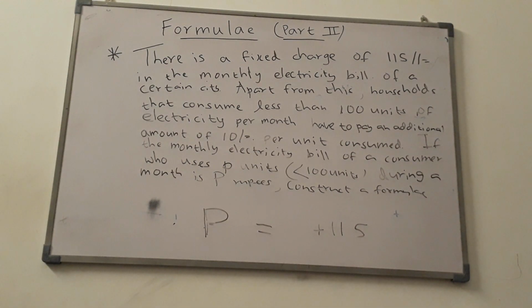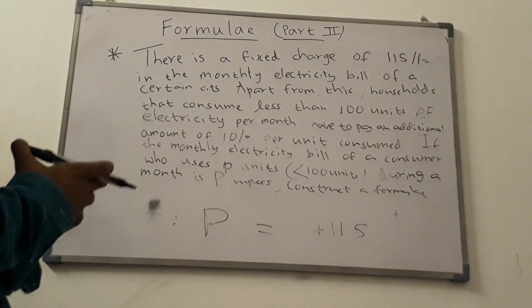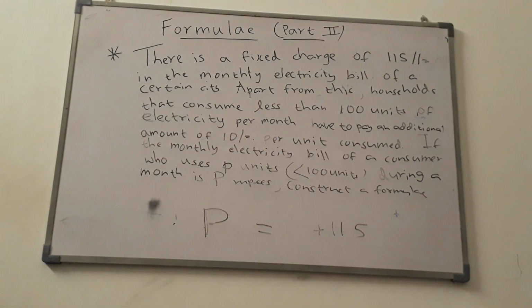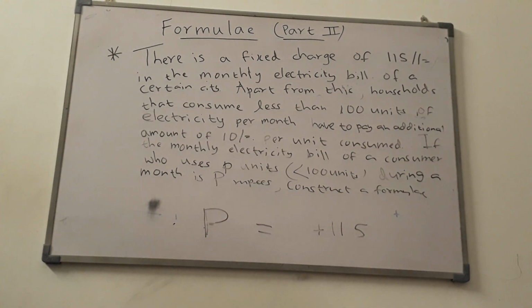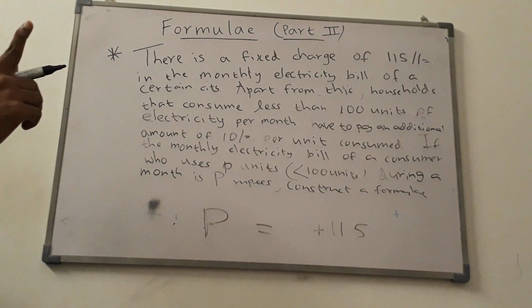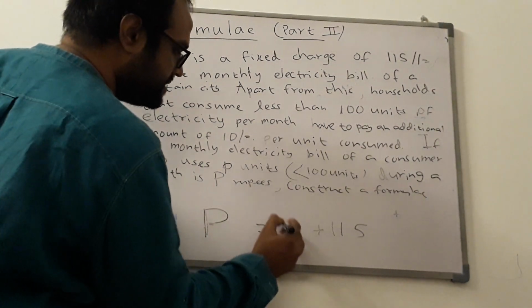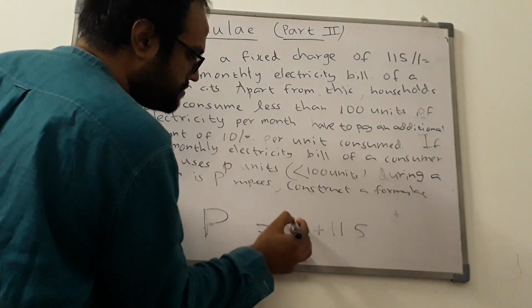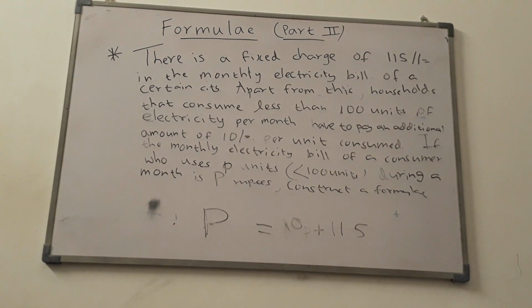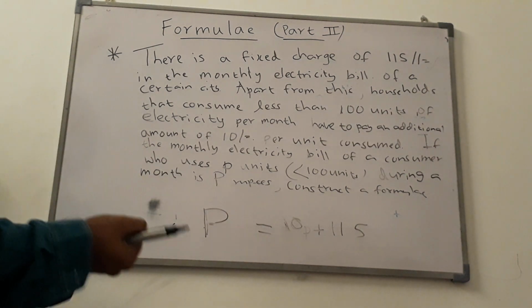Apart from this, households that consume less than 100 units have to pay an additional 10 rupees per unit. So for p such units it is 10 times p, which is 10p. Since p is less than 100, we can apply 10 per unit up to p.